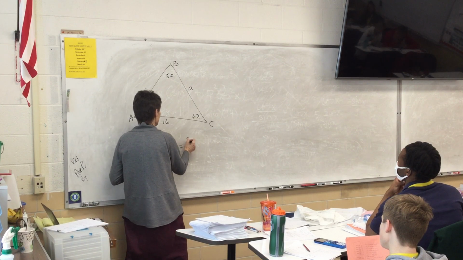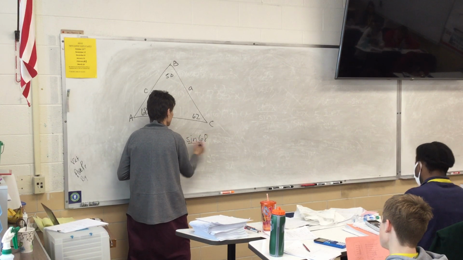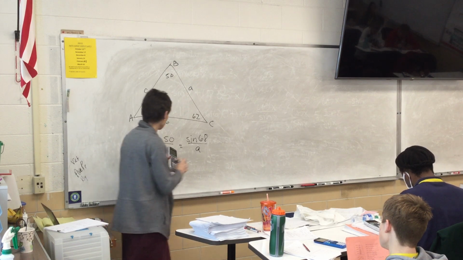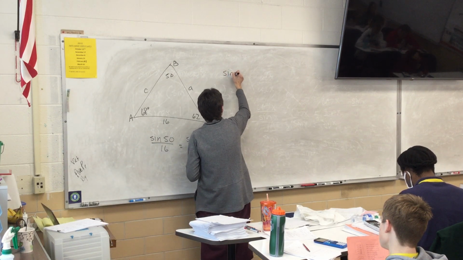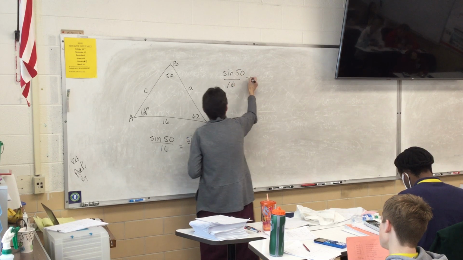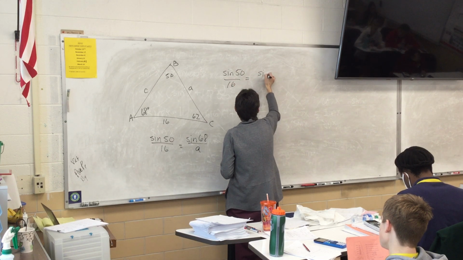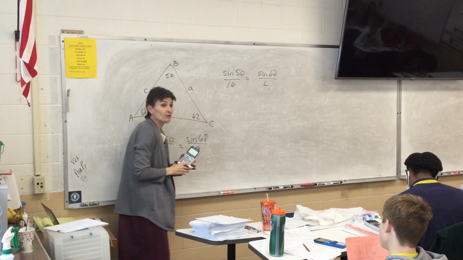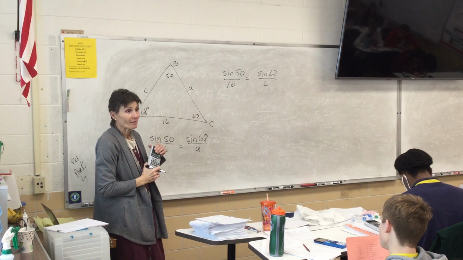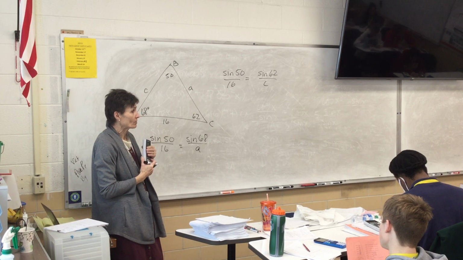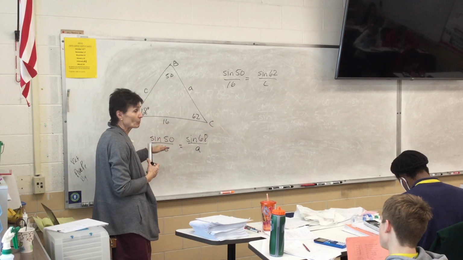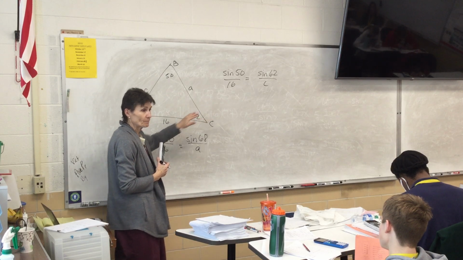So now can we say sine 68 over A? Yeah. What else can we say? Sine 50 over 16 equals sine 62 over C. You have to do both because you have to find all of the missing parts, A and C. It doesn't matter which one you do first.